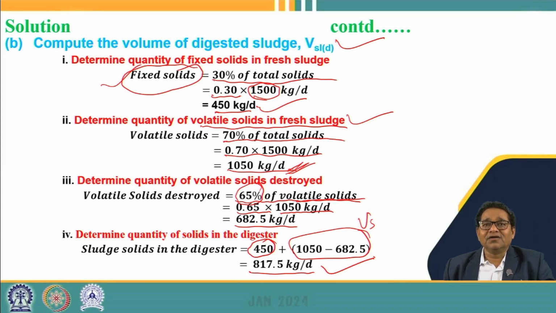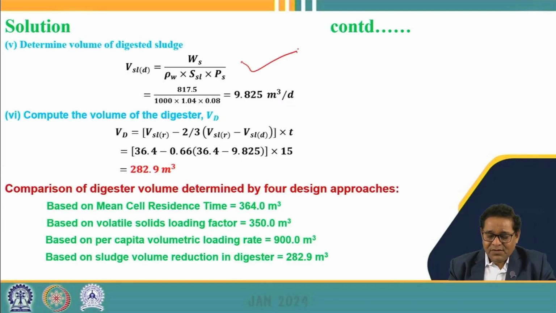Now let us convert this into the form of volume. Again we have to use the weight-volume relationship, and accordingly we put in the weight of the digested sludge, which is 817.5.